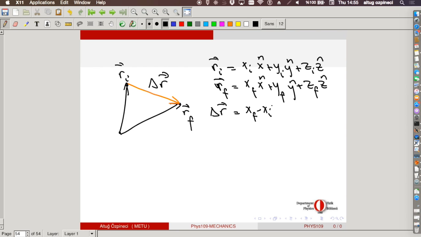X final minus x initial in the x direction plus y final minus y initial in the y direction plus z final minus z initial in the z direction.